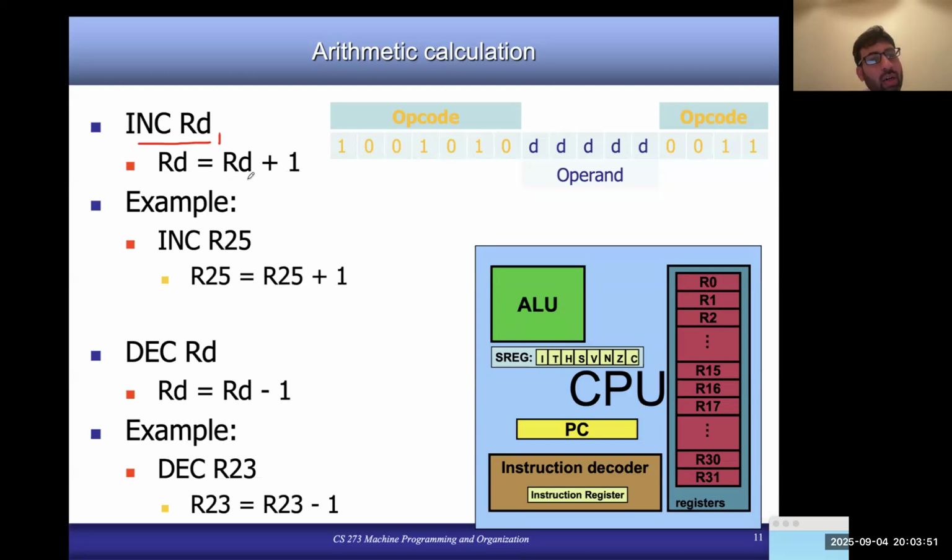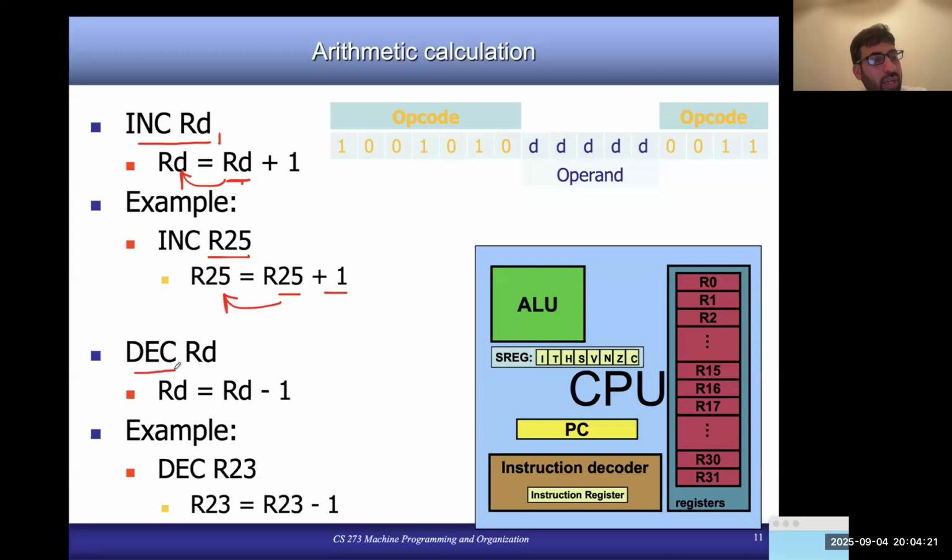Whatever content RD has is incremented by one, and the result is saved back in the same register. We don't need a separate source register because it doesn't make sense. For example, if you say increment R25, the current content of R25 will be incremented by one, and the result will be placed back in R25.